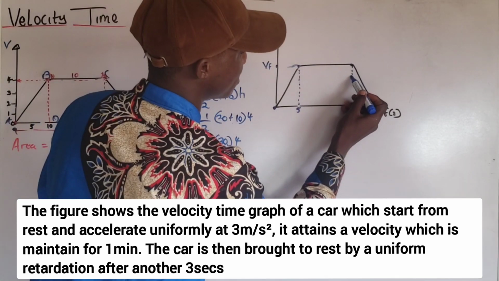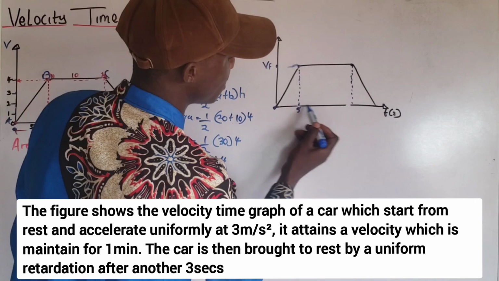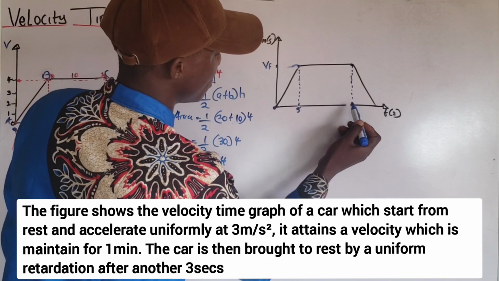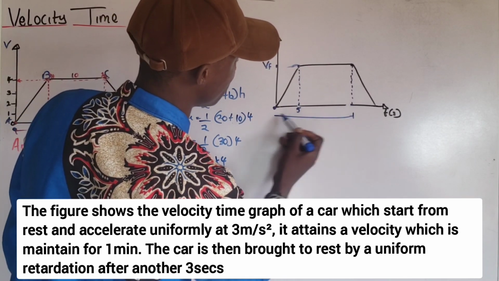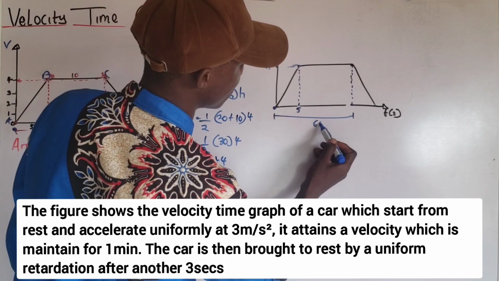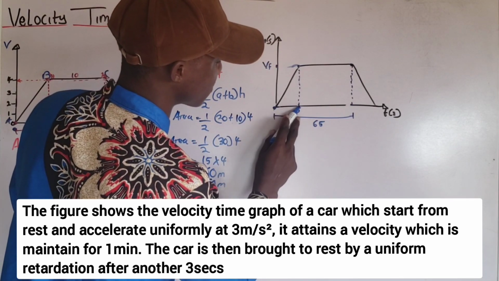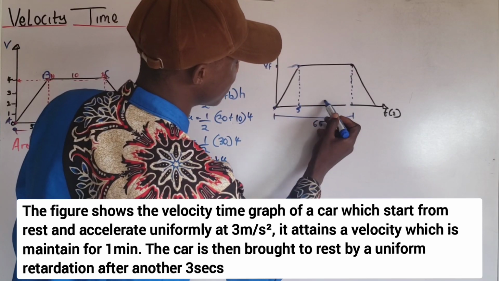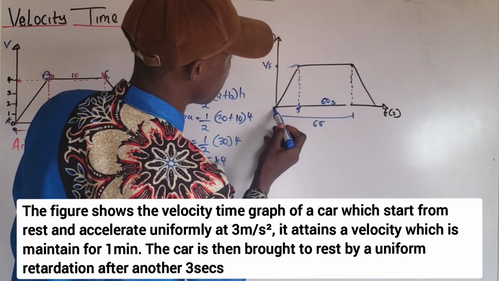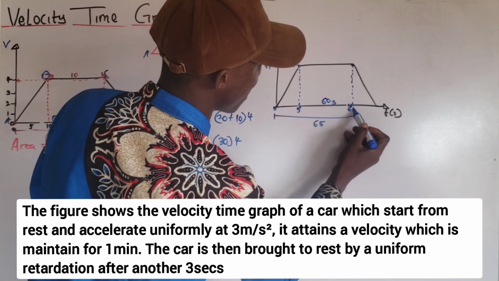Let's just trace it. From this point to this point is 5. From this point to this point is what? 60 seconds. That means that from this point to this point, the time will be 65 seconds.